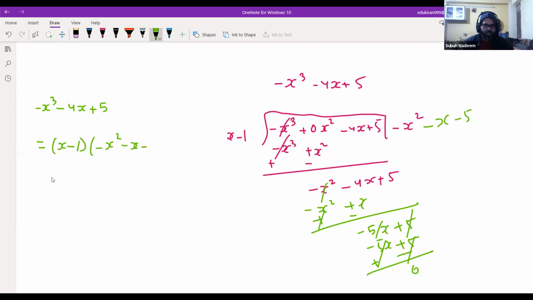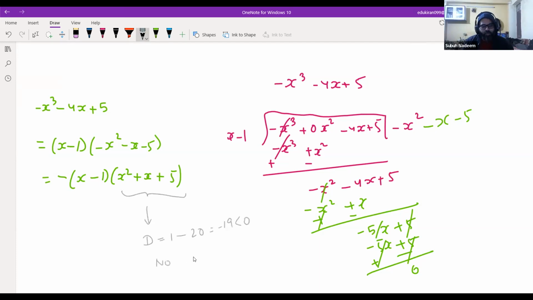It is better to take minus outside. So minus of x minus 1, x square plus x. Now, if you see this quadratic one, it has discriminant b square minus 4ac, which is minus 19, negative.